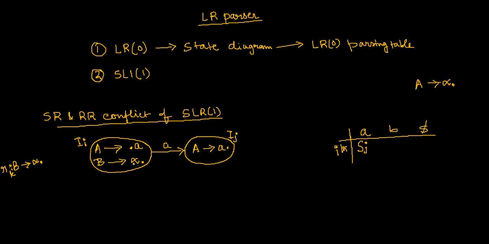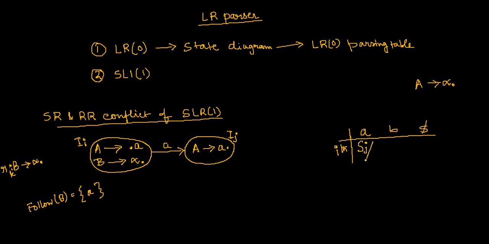Now I have to put this B to alpha dot also, because this is a reduced move present in the ith state. Now let's find out what is follow of B, because according to the SLR1 parsing table, this reduced move should not be placed in each and every column, but in the column which is the follow of the left hand side, that is follow of B. So follow of B. Now assume this follow of B contains a.